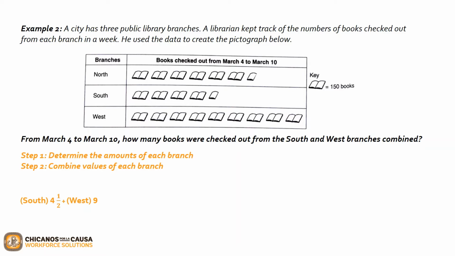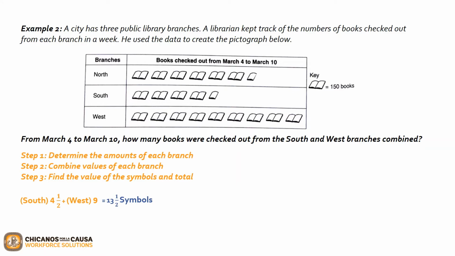So we're going to combine these. In this particular case, we're only going to add the whole numbers, 4 and 9, which gives us 13. We're then going to carry over that fraction of 1/2. So in total, we have 13.5 symbols.